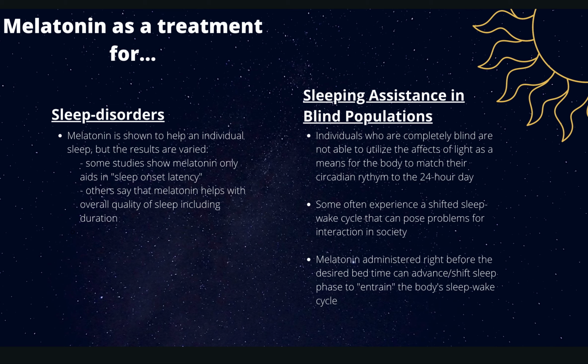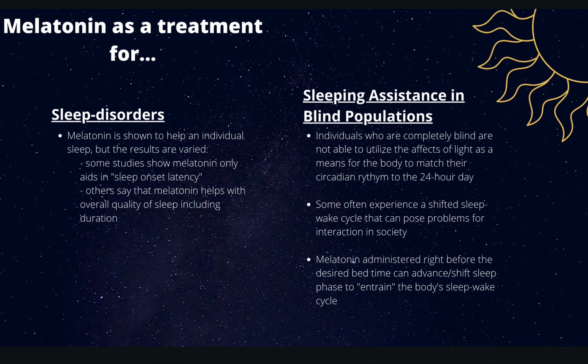But both ways, whether it's shorter or longer, can shift throughout the individual's lifespan. Sometimes it can shift to a point where it's completely off of the 24-hour day that the rest of society is using as a light source to regulate their circadian rhythm. And so these shifted sleep-wake cycles can cause many problems as far as wakefulness and alertness at times they should be interacting in society.